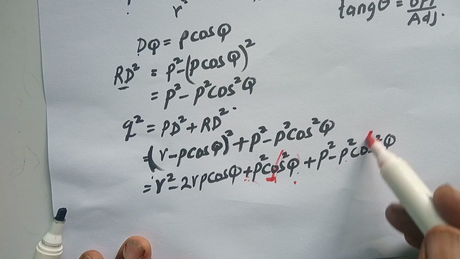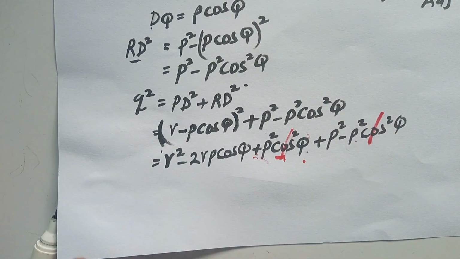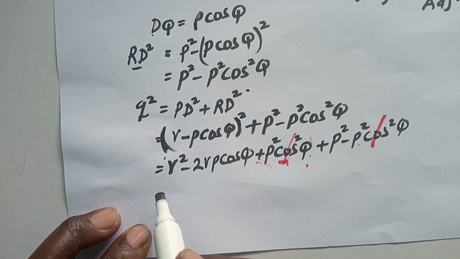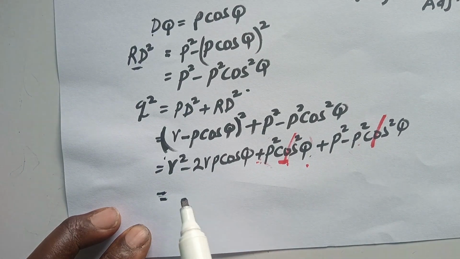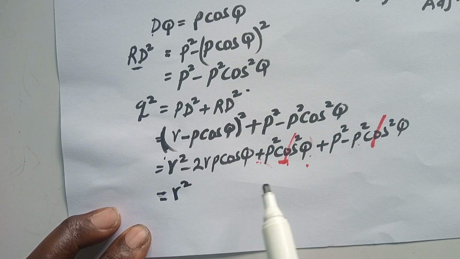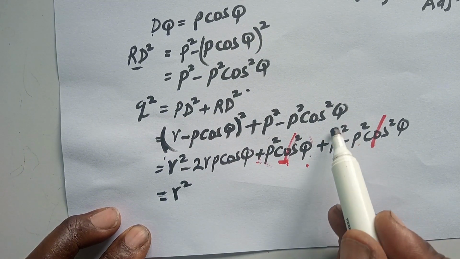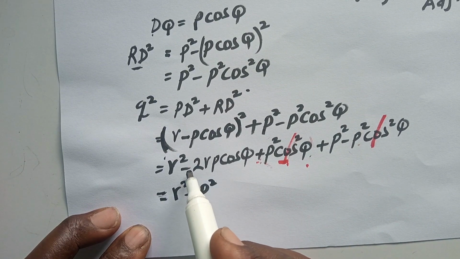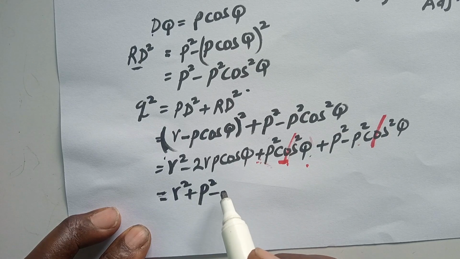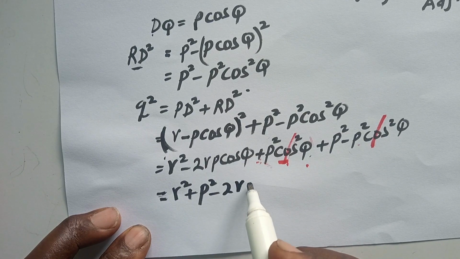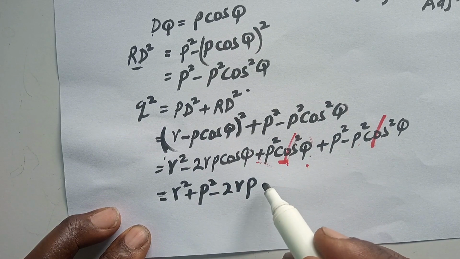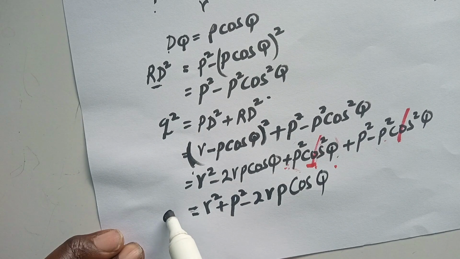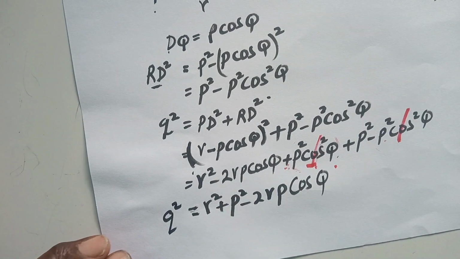Now when they cancel, we remain with R squared plus P squared minus 2RP cos Q is equals to Q squared.